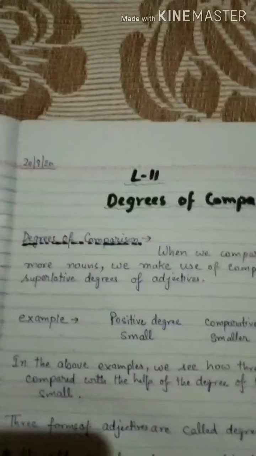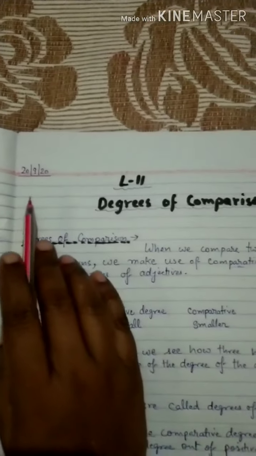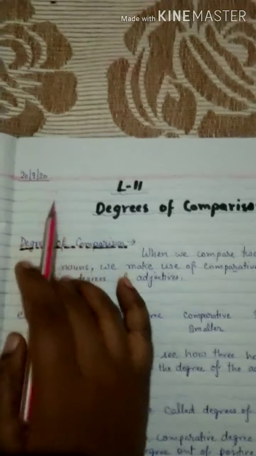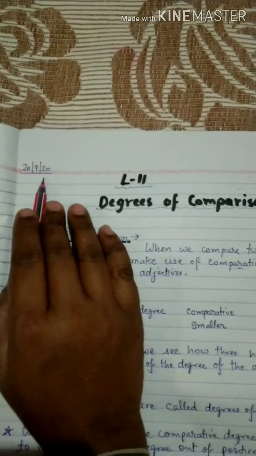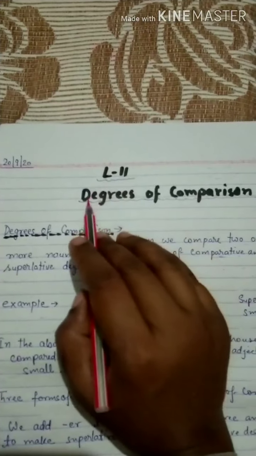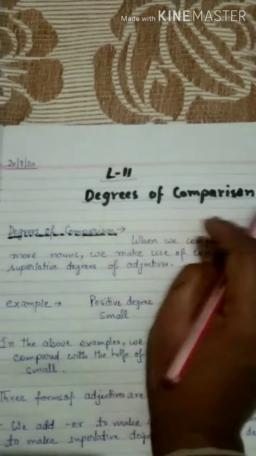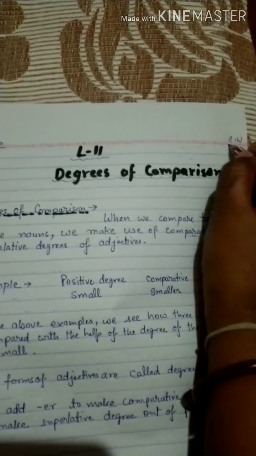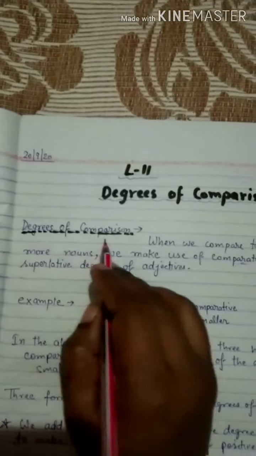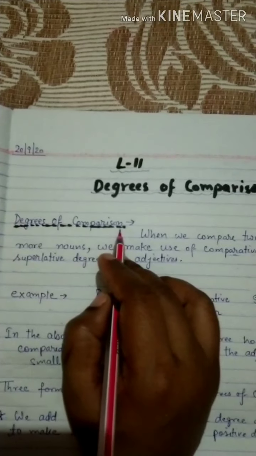This is your English language fair copy. First mention today's date, then lesson 11, degrees of comparison, and on the right side write classwork, and give the first heading, degrees of comparison.